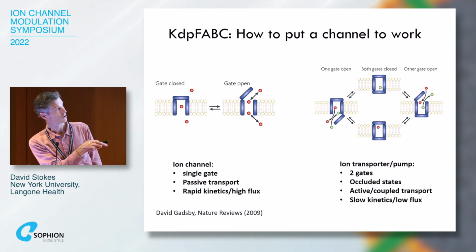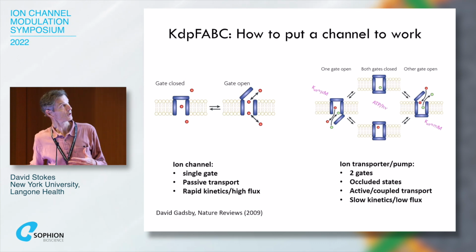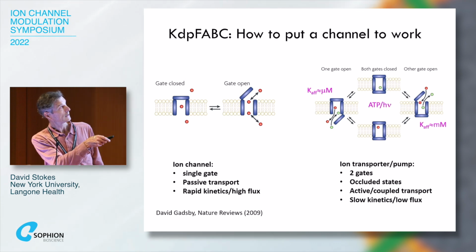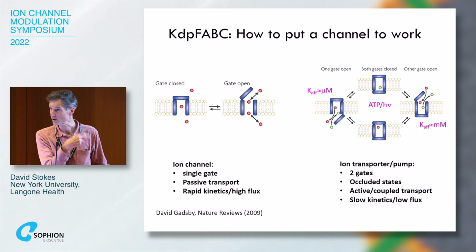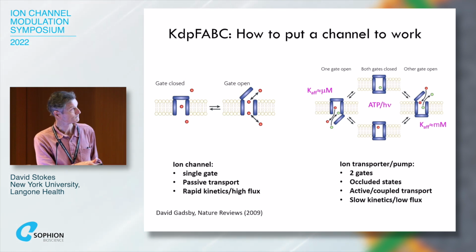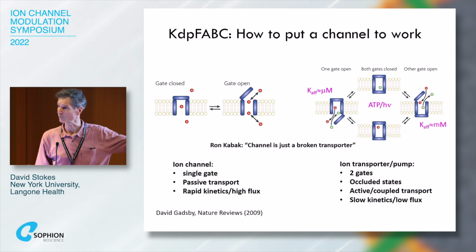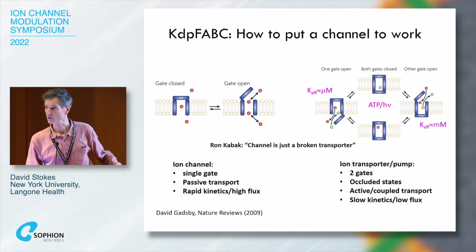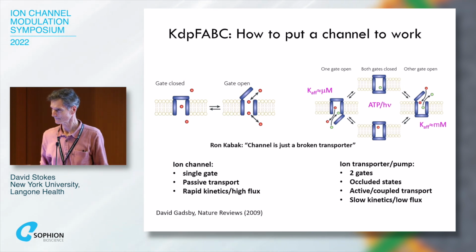The energy source could either be a secondary ion that has a pre-established gradient, or it could be ATP, or it could be light, I suppose, as an energy source for making the conformational changes that drive the cycle. Now, as we're honoring people, I'd also like to bring up Ron Kaback, although Merritt sort of stole my fire here by pointing out to you that channels are simply broken transporters.